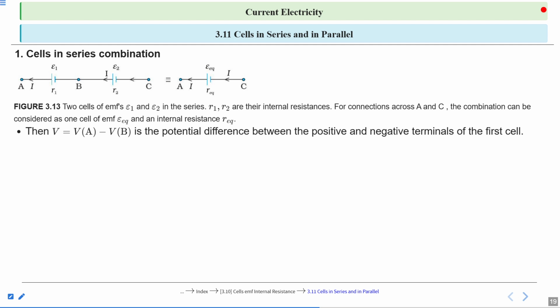That is the potential difference between the positive and negative terminals of the first cell, which has internal resistance R1 and EMF epsilon 1, connected between points A and B.